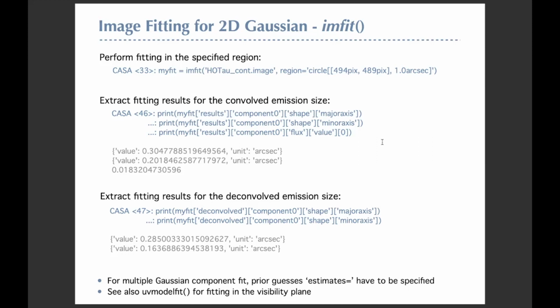Alternatively, such fitting can be performed in the UV plane using the uvmodelfit task. This task works directly with the visibilities and may largely diminish possible artifacts associated with the clean process.